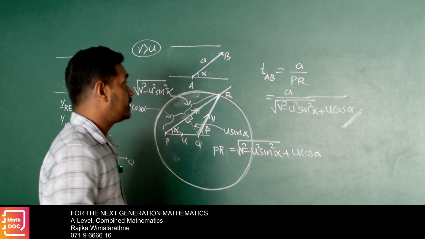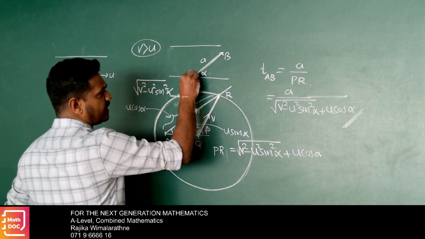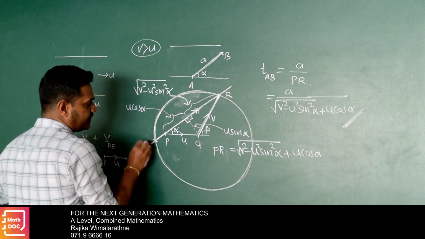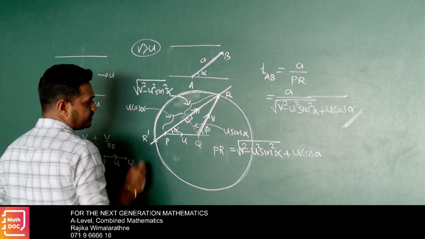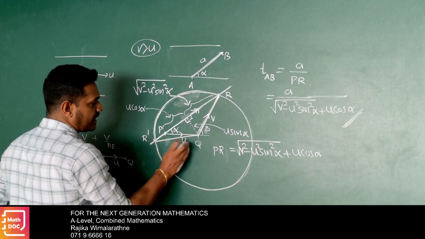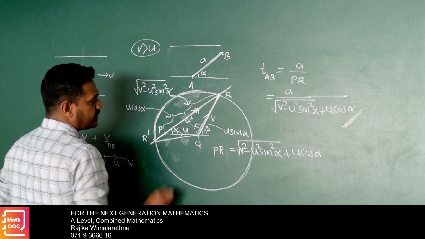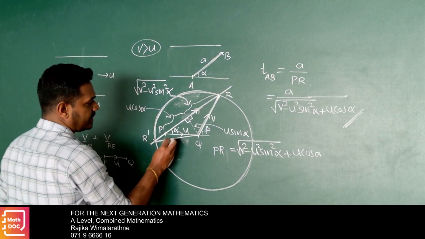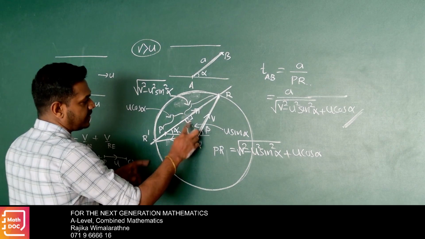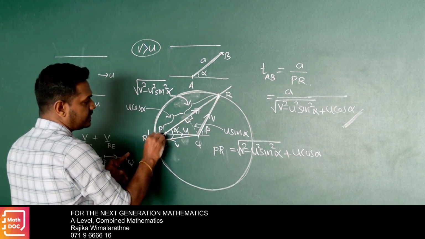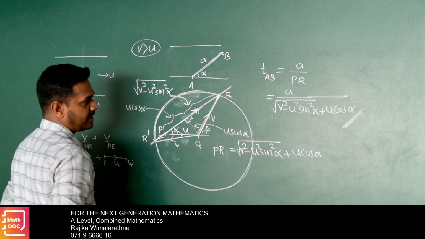Okay, then B to A motion. Here this way, then here this will be R, say R dash, here point P, then here the triangle U. Then the same length we can find here, radius V, no? Here U sin alpha, then root of V square minus U square, here U cos alpha, then the balance will be the value, no?